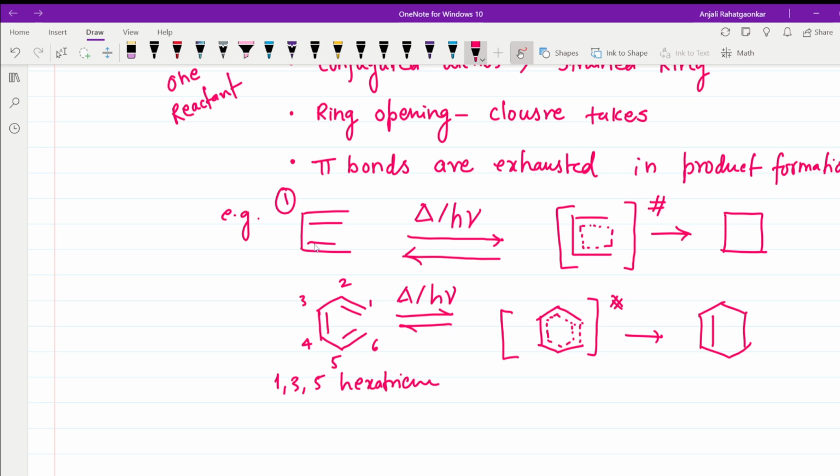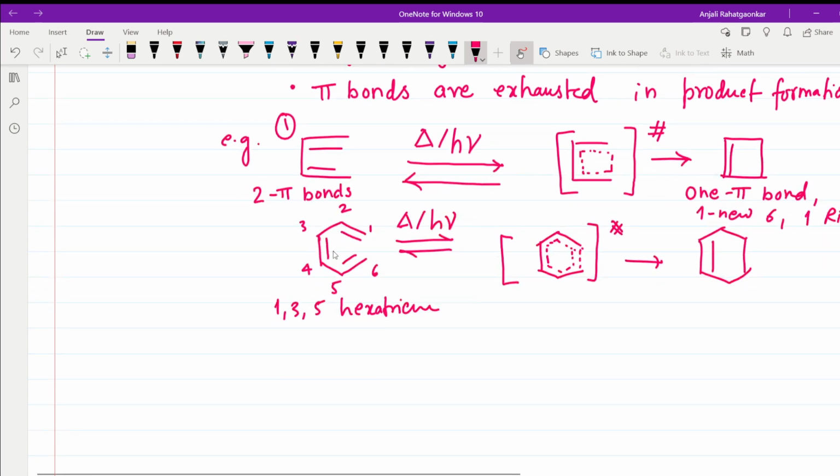Now let us see the accountability of this particular example. Suppose this is the first example. How many pi bonds are there? There are 2 pi bonds. And let us see in the product. How many bonds are there? 1 pi bond, 1 new sigma bond, and 1 ring.